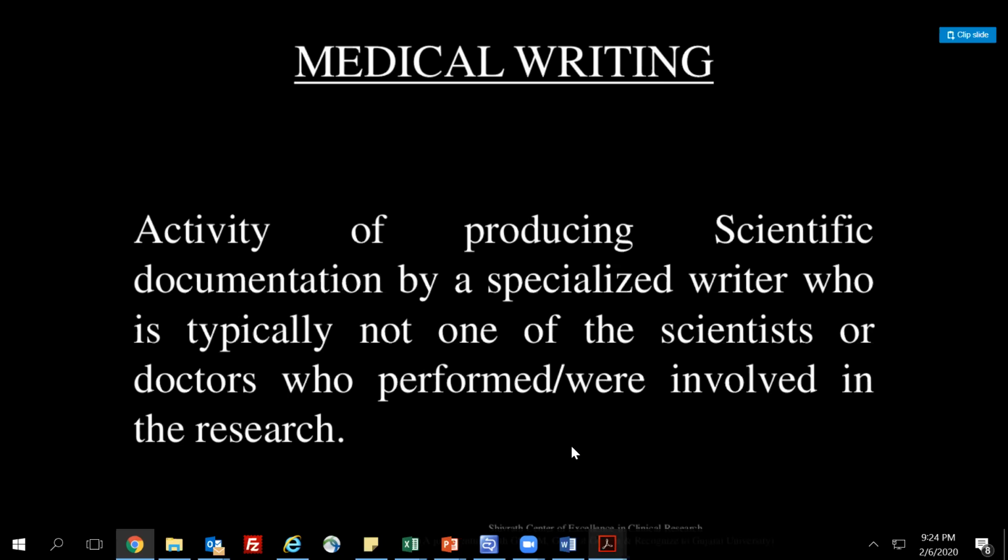So they'll analyze that and write a document. This medical writing is actually a separate department. These are the people who specialize only in writing using some specific dictionaries.